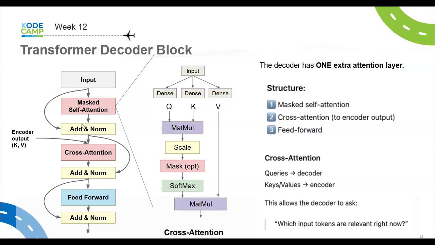With masked attention and cross attention, the decoder is able to get some information from the encoder. That helps it to decide what should be the next word. So you can see that it learns to predict the next token based on the input it gets, what it has already predicted, plus what is coming in from the encoder.